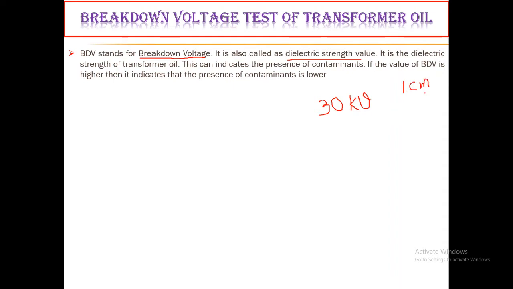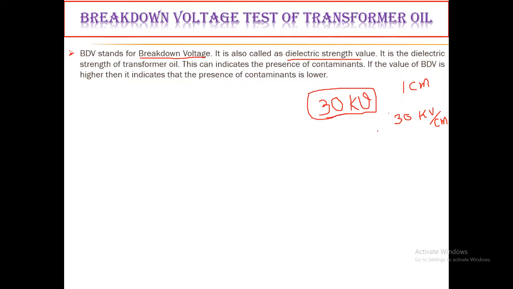You know the dielectric strength of air at standard atmospheric conditions is 30 kilovolt per centimeter. So if we keep the distance of separation as 1 centimeter, then that capacitor will need 30 kilovolt to break the gap of 1 centimeter.